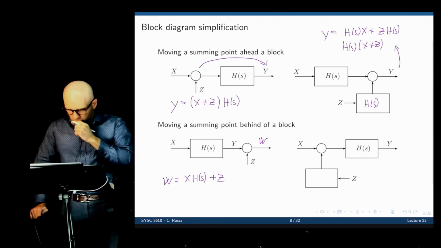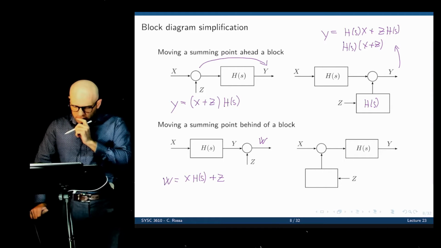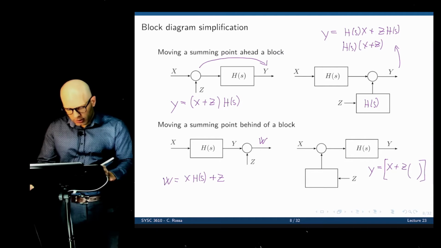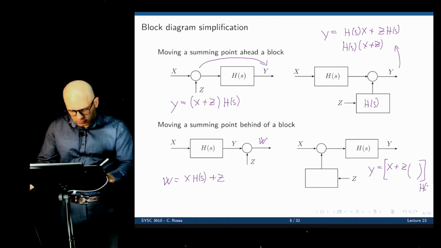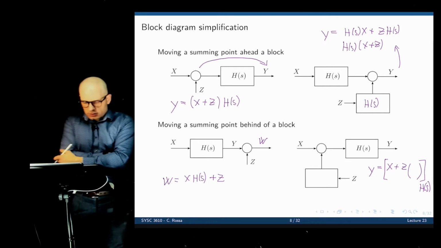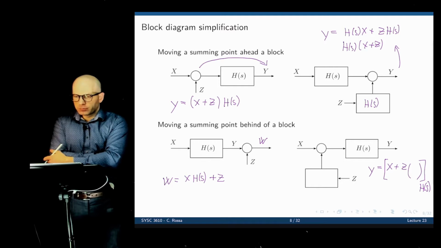It's the same there. If you now move the summing point behind the block, what is the new transfer function? Is y equals x plus z times something that goes in that box, all times h of s. So what needs to go in the box such that the transfer function does not change? 1 over h of s.